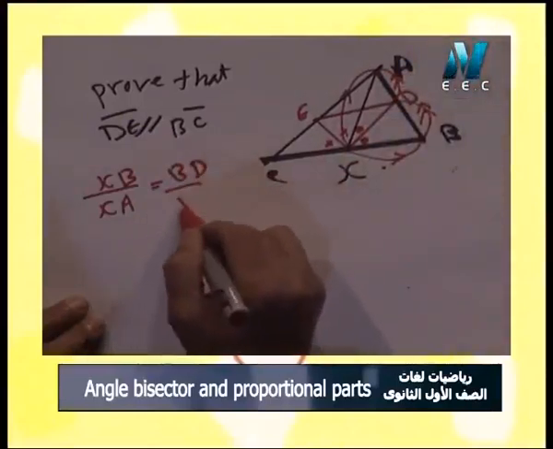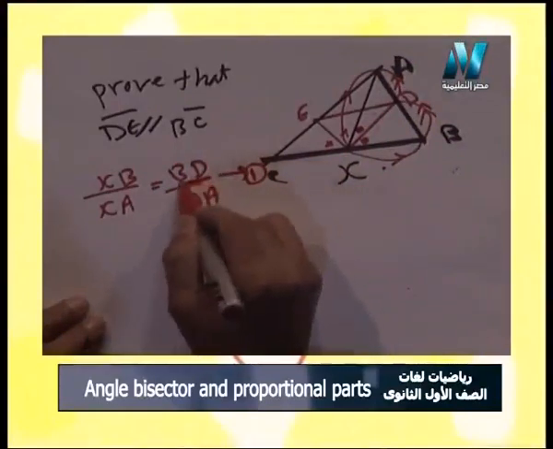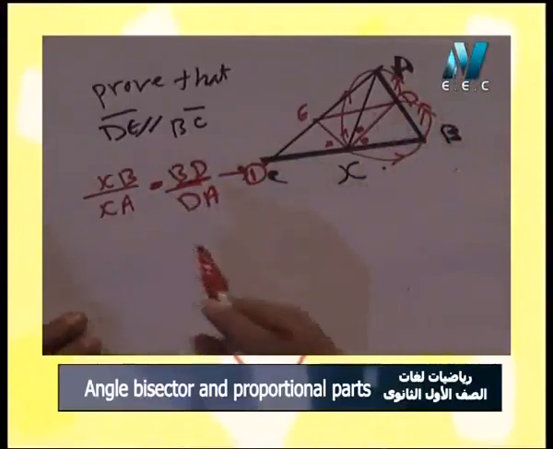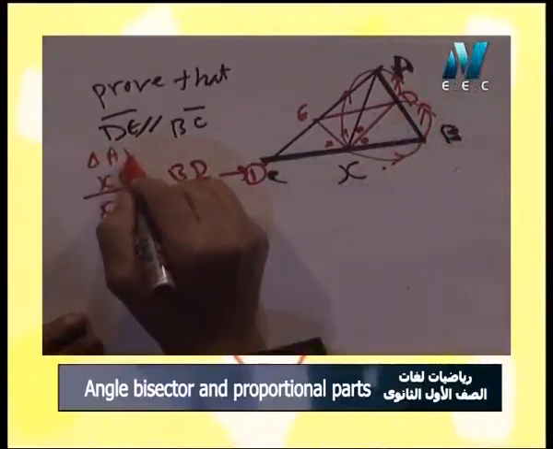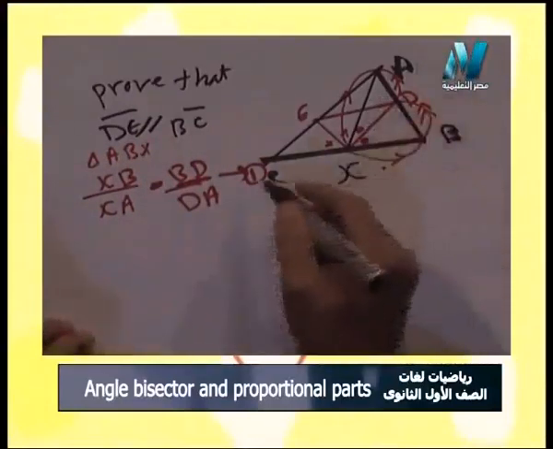We call this equation number 1, for triangle ABX. And we move to the other triangle AXC.